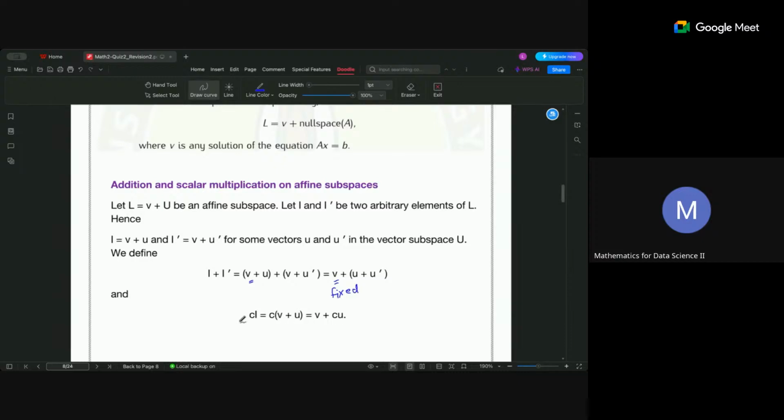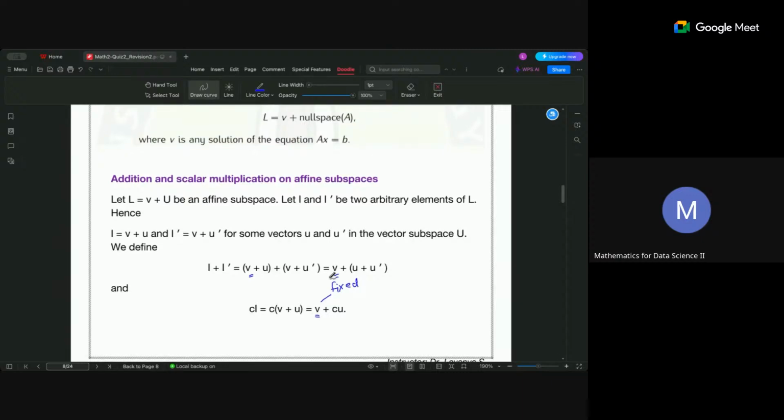Same you do for scalar multiplication: perform it only for the subspace part and keep this V fixed. So is addition and scalar multiplication on affine spaces clear?